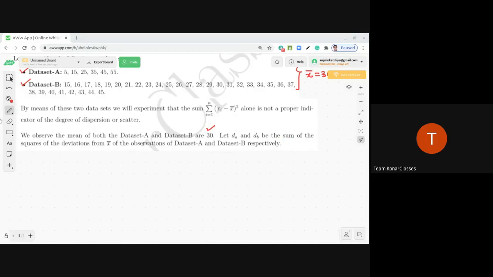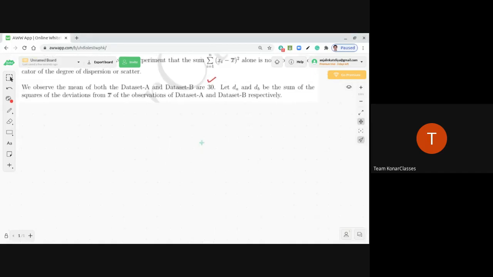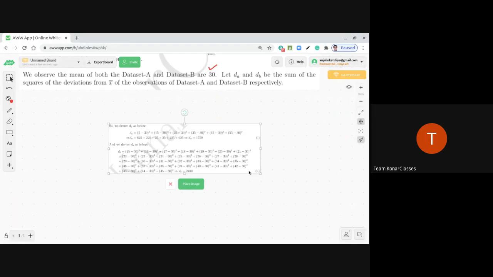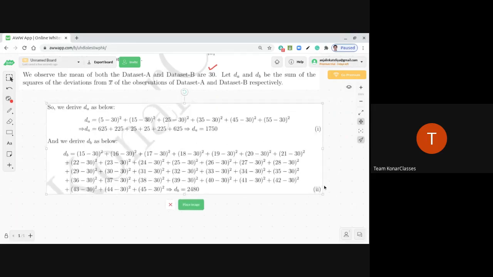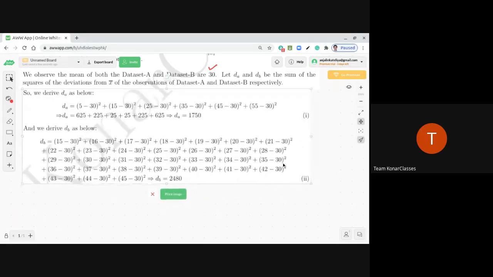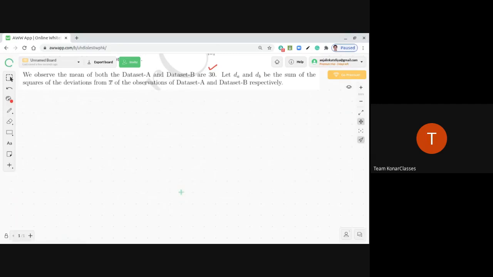Then, dear students, how are you going to compute dA and dB? We are going to compute dA and dB something like this. Correct, dear students? So this is the way we can compute dA and dB.